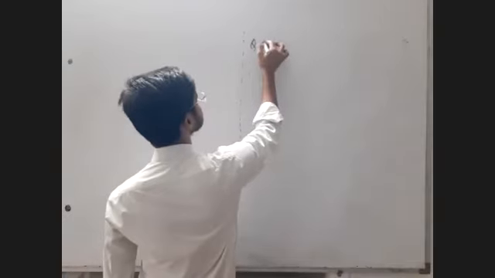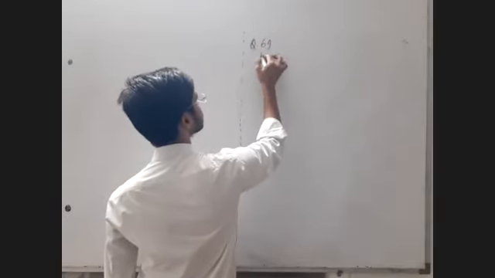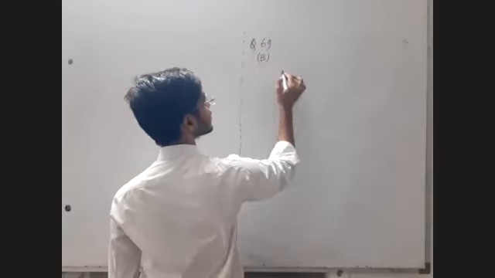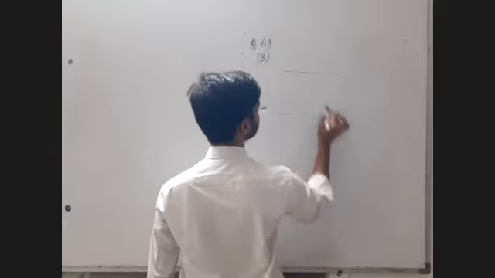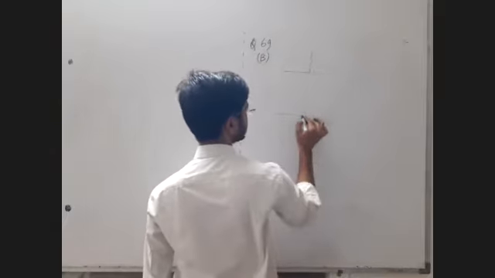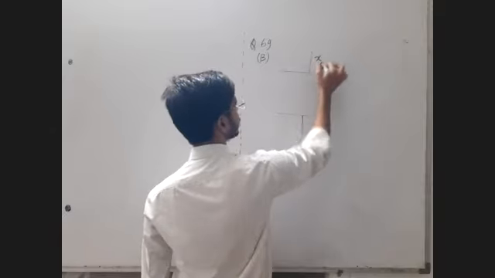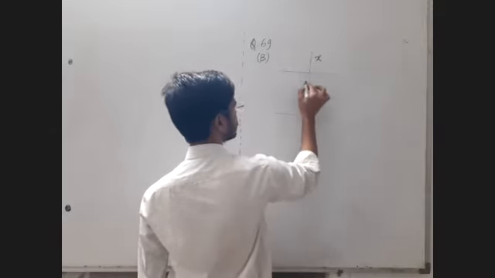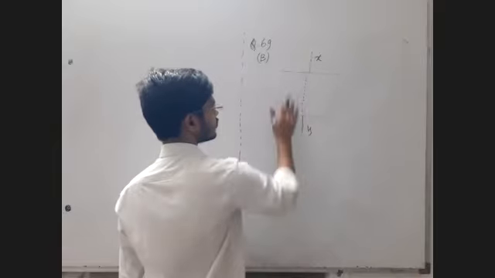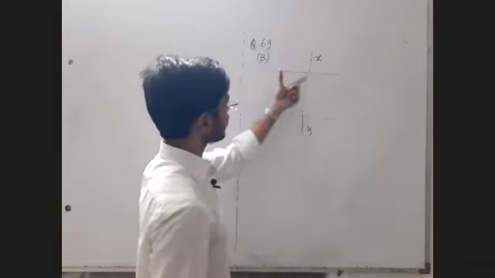Question number 69, second part. Call the initial part as part A. Now draw the system like this: plate, plate, wired connection. Point X you can call it, point Y you can call it, and this much region. This may not be exactly half region.